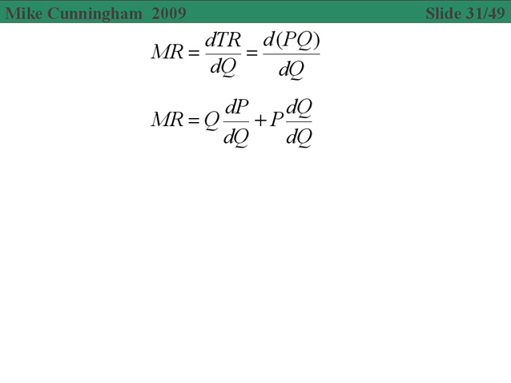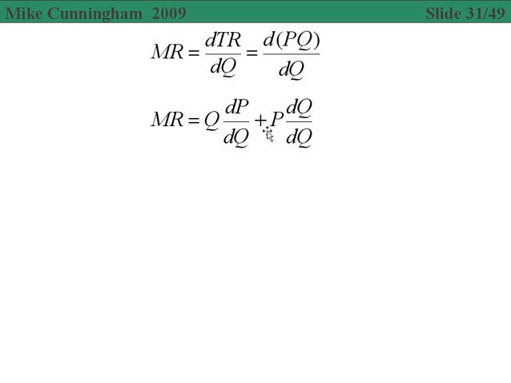Now let's just start manipulating this to see where we can get to. Well, for a start, we've got this relationship here, and if you've got that relationship, that's called a product. And if you differentiate a product, you have to use a product rule in the calculus, and that's the product rule.